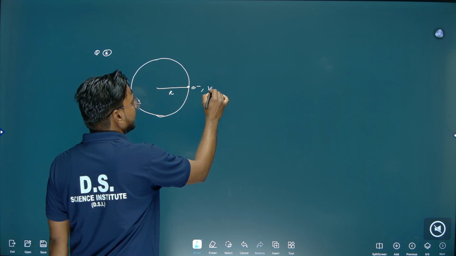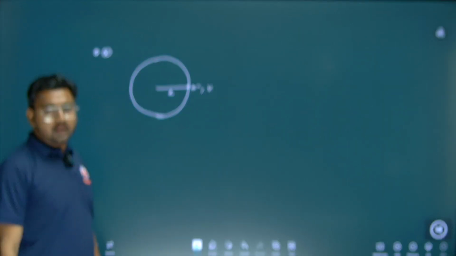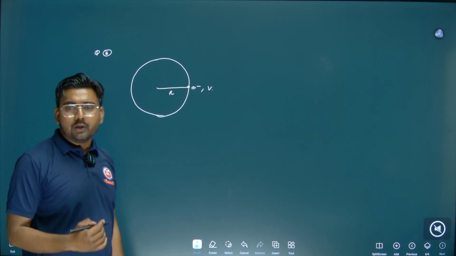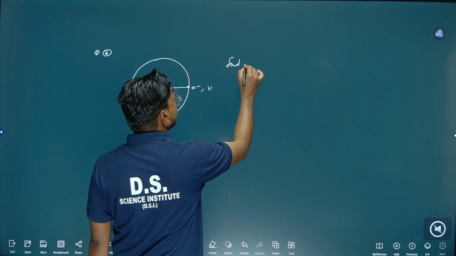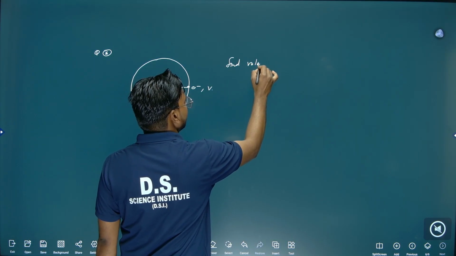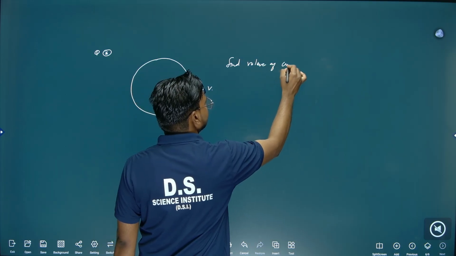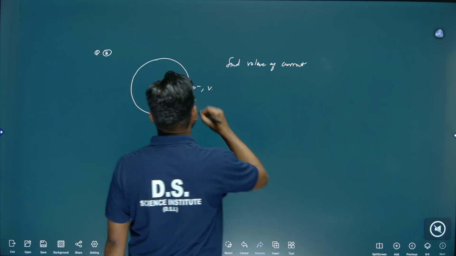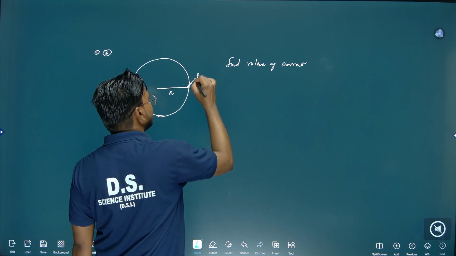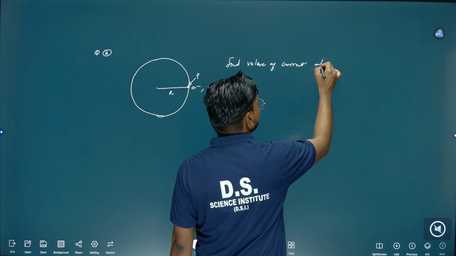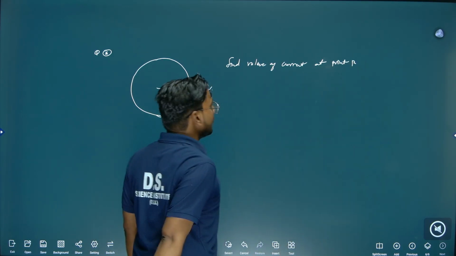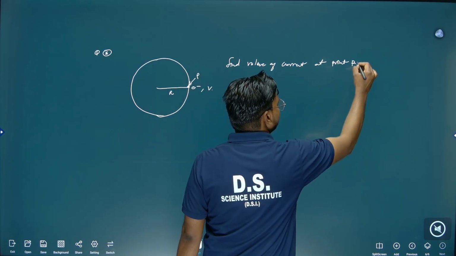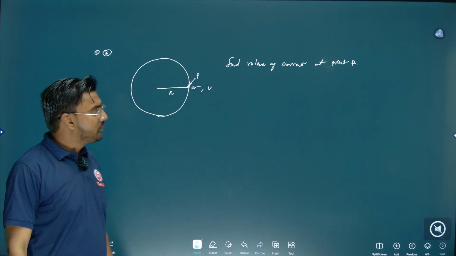Then we have to find the value of current. Suppose we are considering point P, and we have to find the value of current at point P.